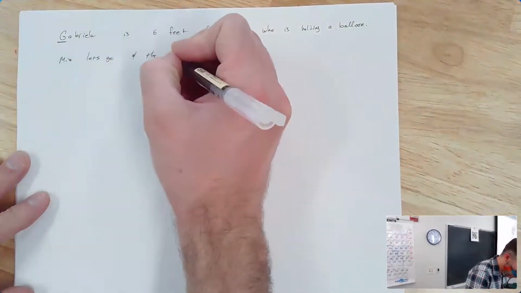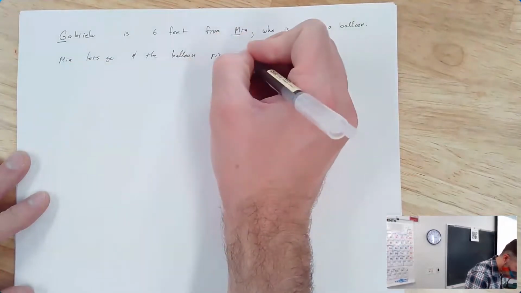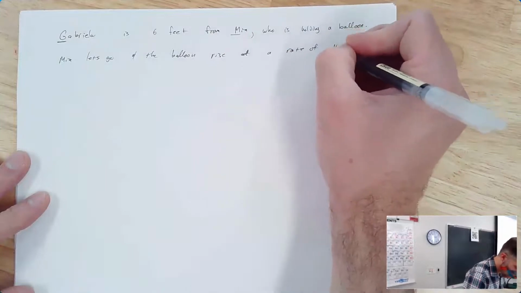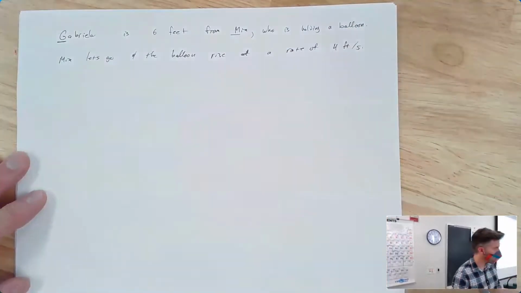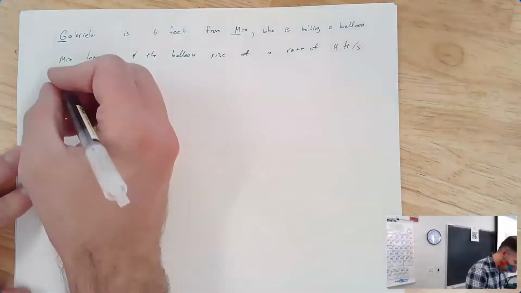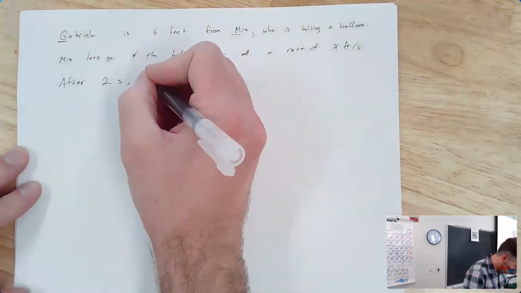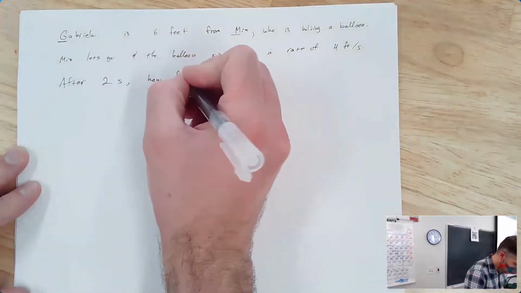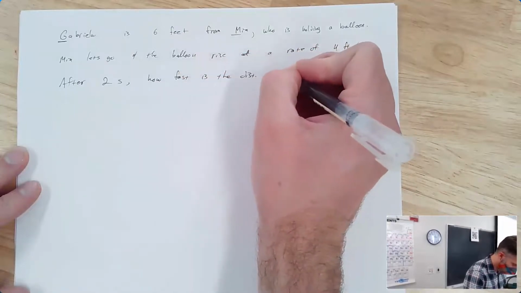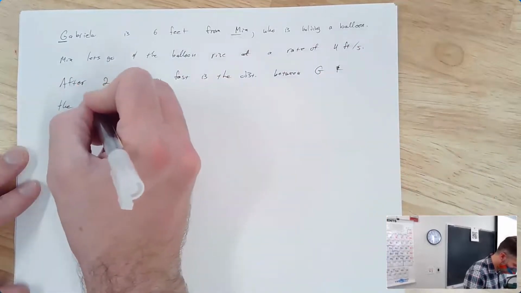And the balloon rises at a rate of 4 feet per second. After 2 seconds, how fast is the distance between Gabriella and the balloon changing?